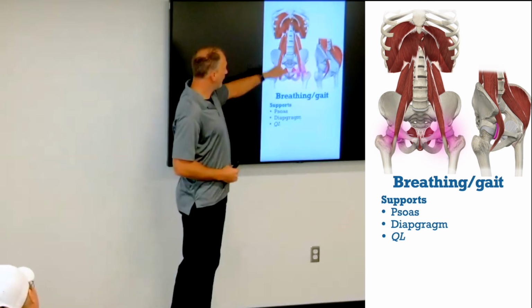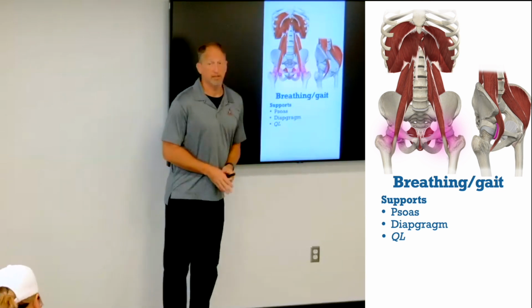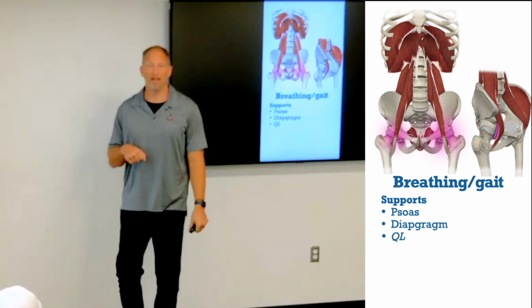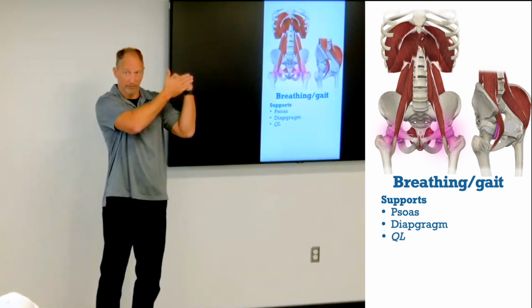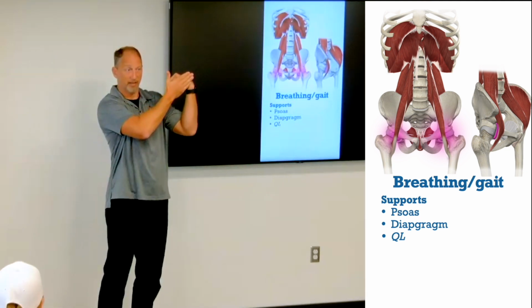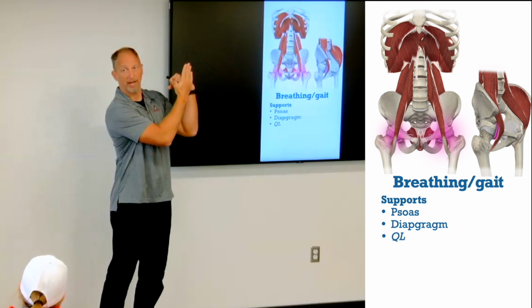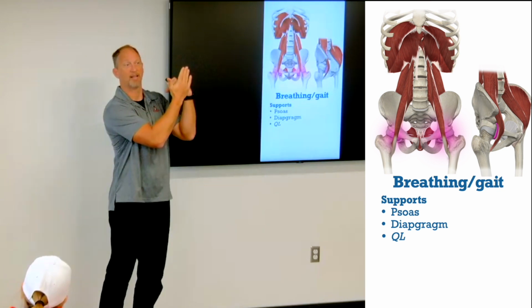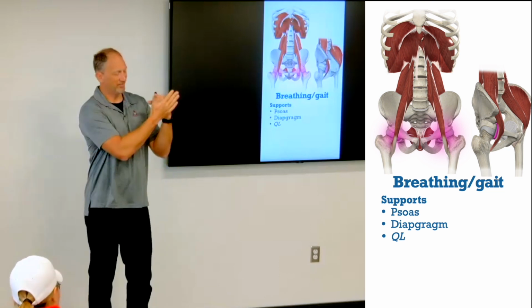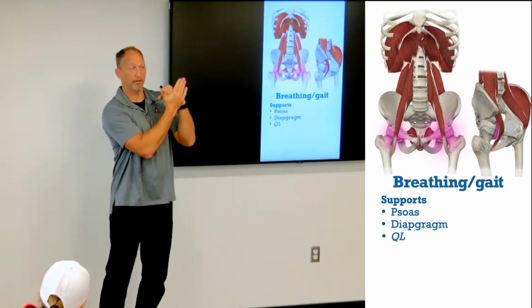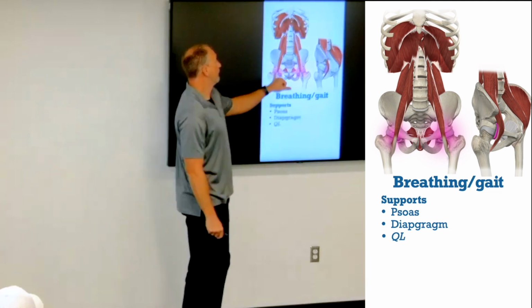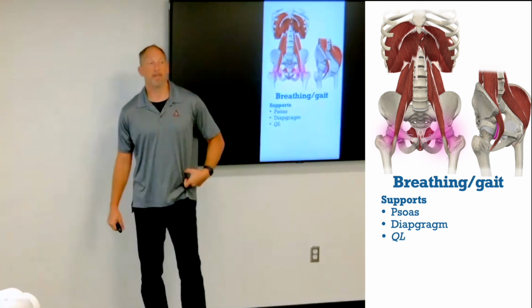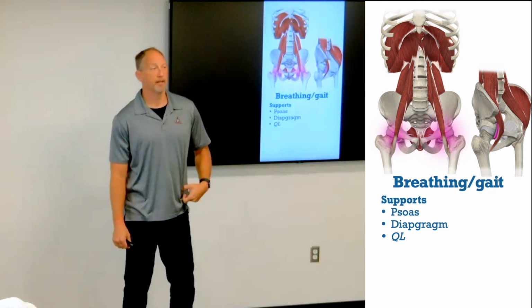So we come down to the psoas, and again, psoas sits right on the anterior hip joint. If this is my hip joint, this is the actual front side of my femoral hip, psoas sits right on top of it. It's in direct contact with that. I think there's a little bursa in there, but other than the bursa, the psoas is right on that anterior hip joint. A lot of times people have pinching in the front of their hip.